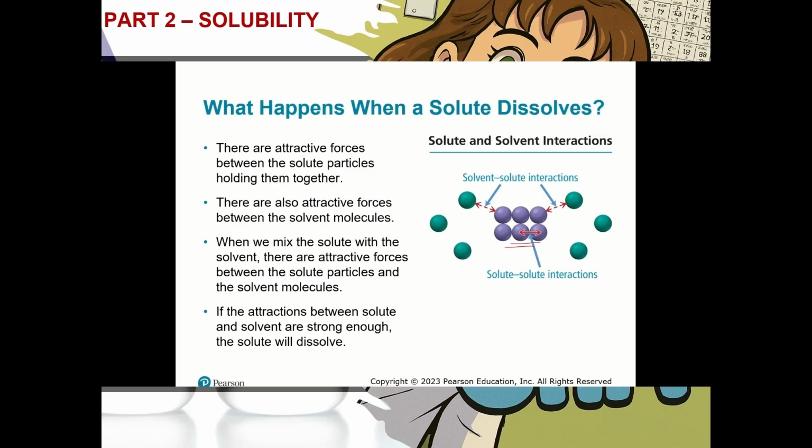And here is the interaction between solvent and solute. If the solute-solvent interactions are stronger than the solute-solute interactions, the solute dissolves. Attractive forces between adjacent molecules in the solid are solute-solute interactions. Attractive forces between molecules in the solid and the molecules in the liquid are solvent-solute interactions.